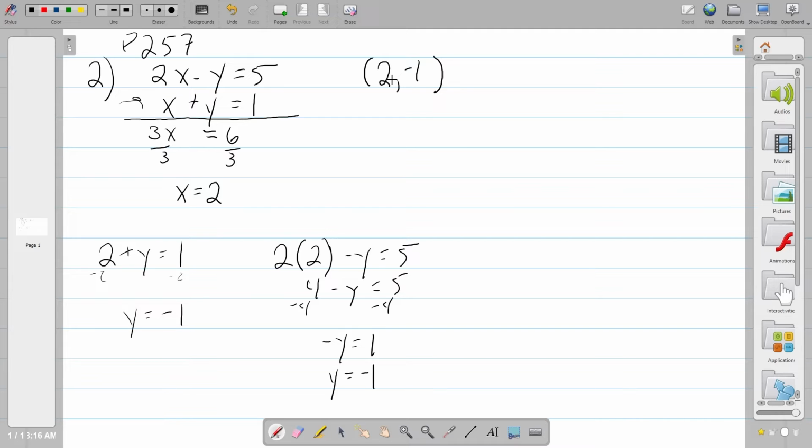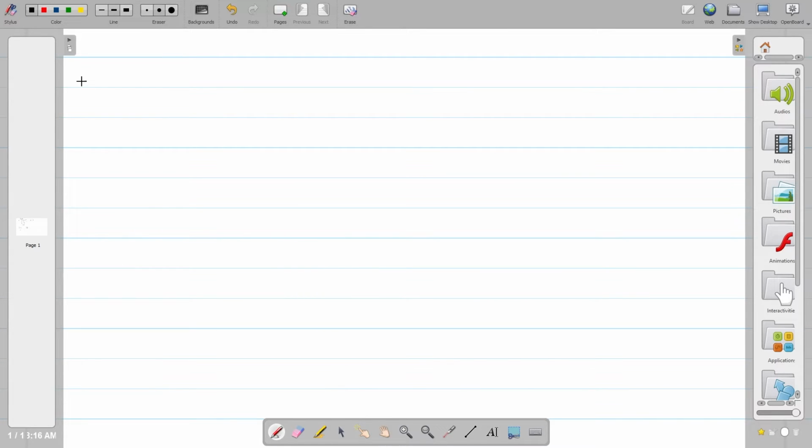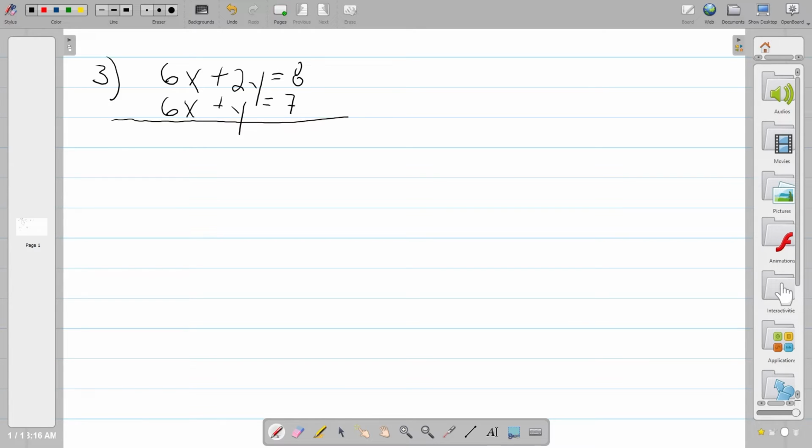All right. I know I'm going through this a little bit fast. You can pause as you need. Just a reminder. Let's go on to number 3. 6x plus 2y equals 8. 6x plus y equals 7. So in this case, you have positive x's and positive y's.